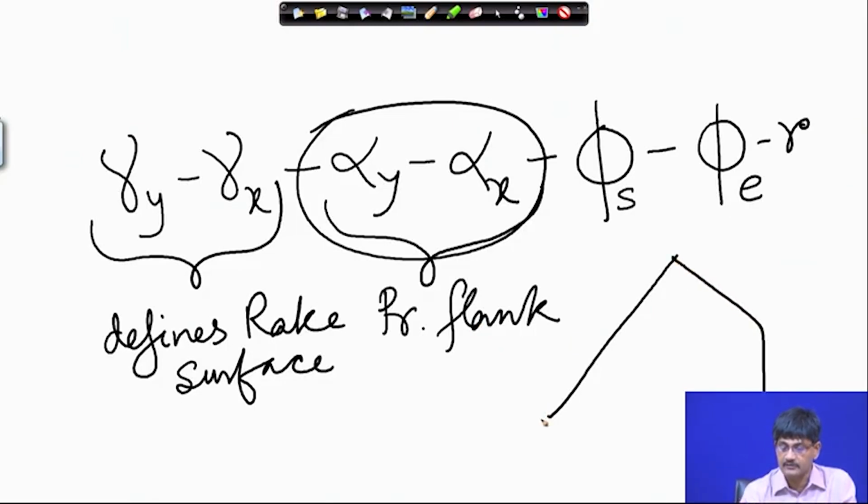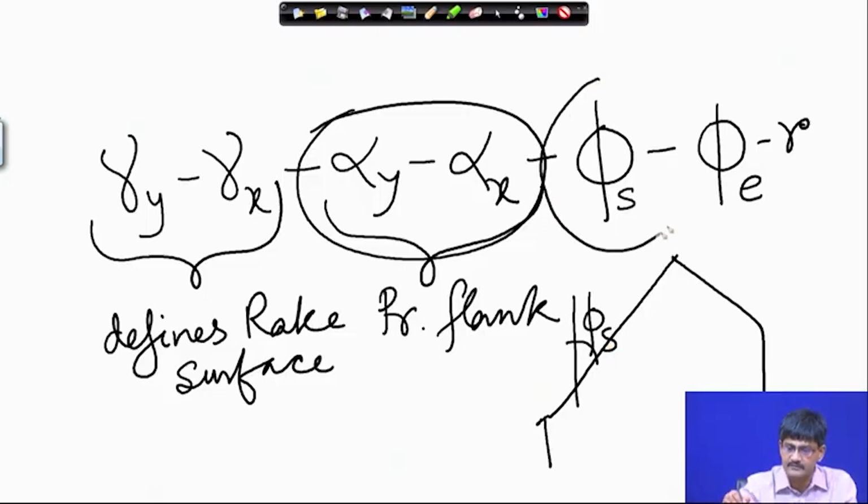You cannot have a free definition of the cutting edge after this. The cutting edge is fixed, which means phi s is also fixed. So, in that case, we cannot freely define phi s.